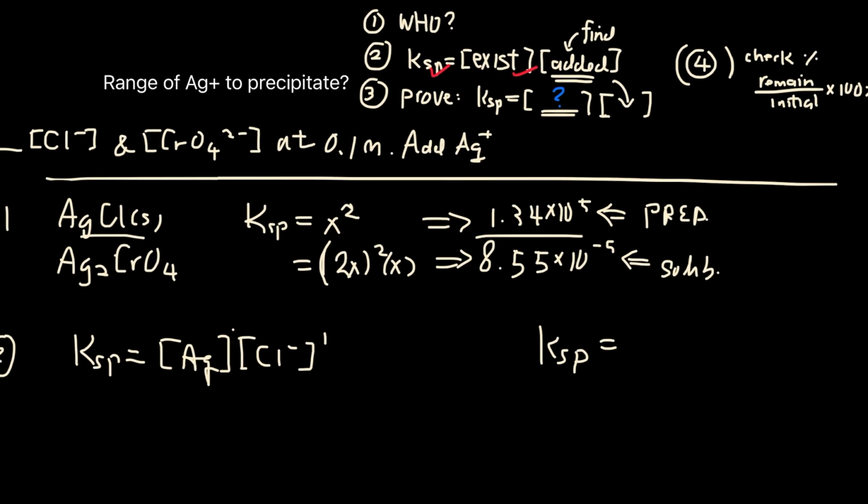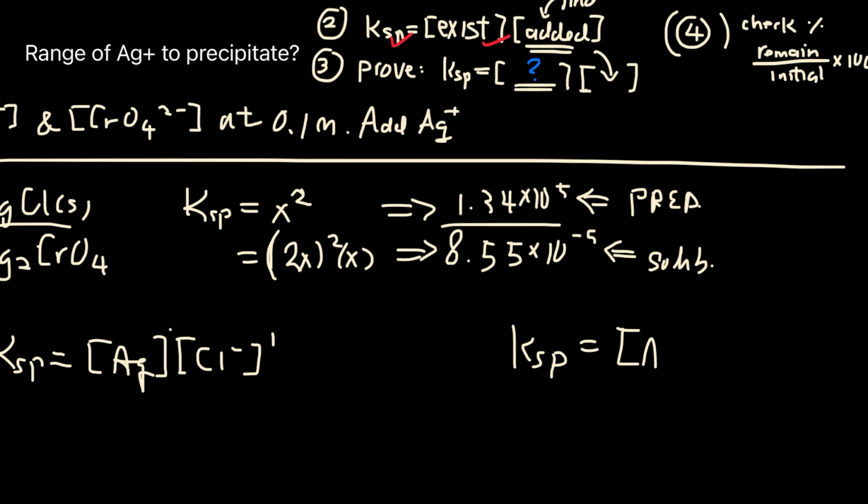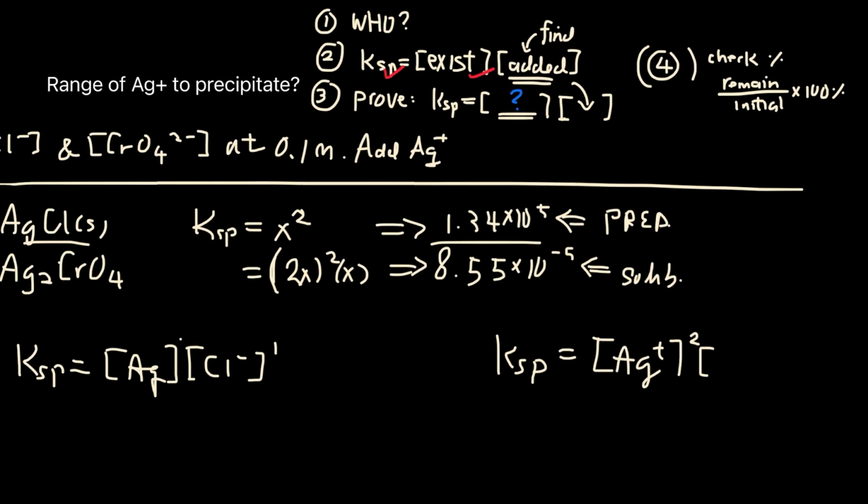So for this step, I would advise to just write out their ice table so you remember that Ag here is going to be to the power of 2 because of the coefficient, and chromate is to the power of 1.